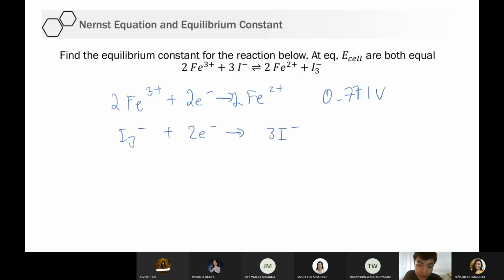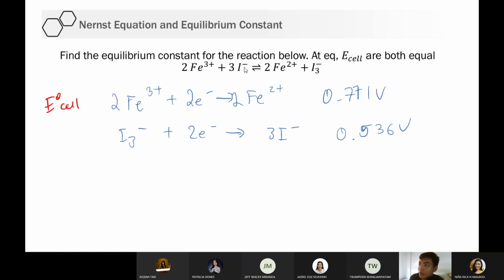This was not written on the table, so that's why I'm giving this to you. 0.536 volts. So there you go. So these are the standard values you need to use when solving for the E naught cell.